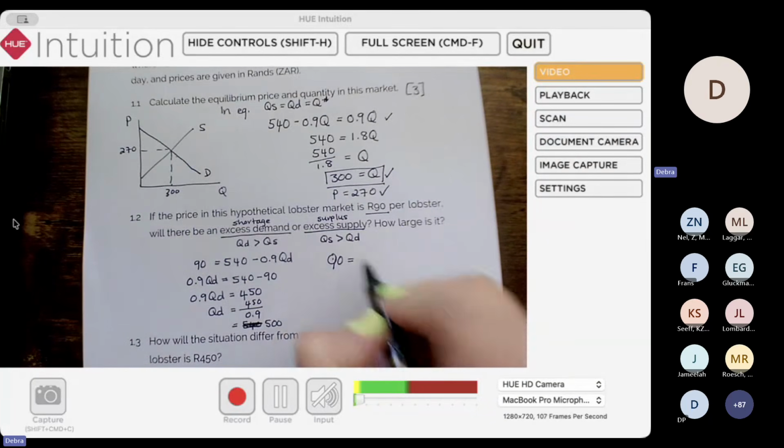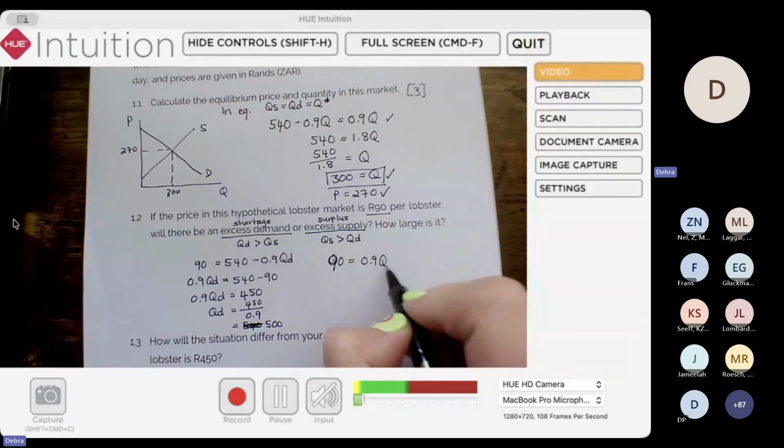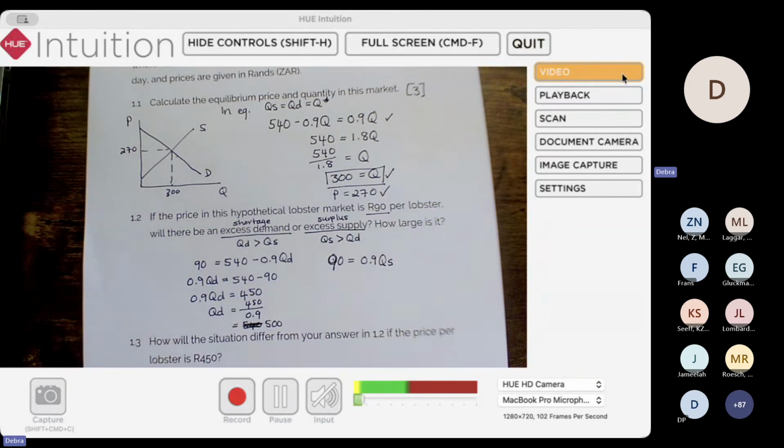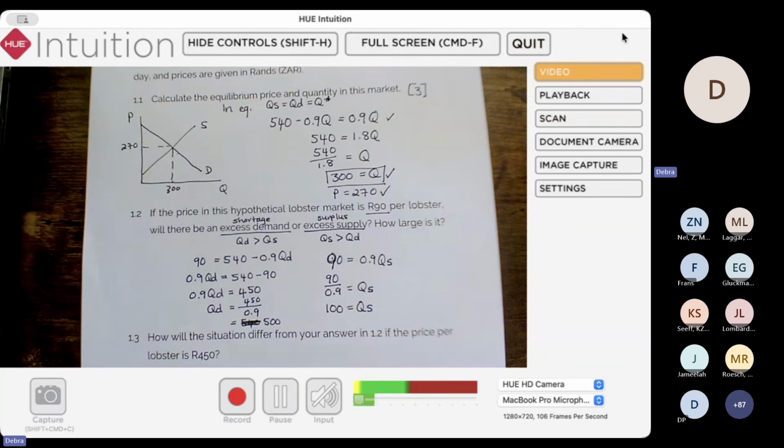And then we do the same thing to get quantity supplied. So 90, which is the price, is equal to 0.9QS. So this one's pretty simple. I then just find that 90 divided by 0.9 is equal to the quantity QS. And so that tells me that 100 is the quantity supplied. So now what I have is my QD and my QS. Clearly, the quantity demanded exceeds the quantity supplied.